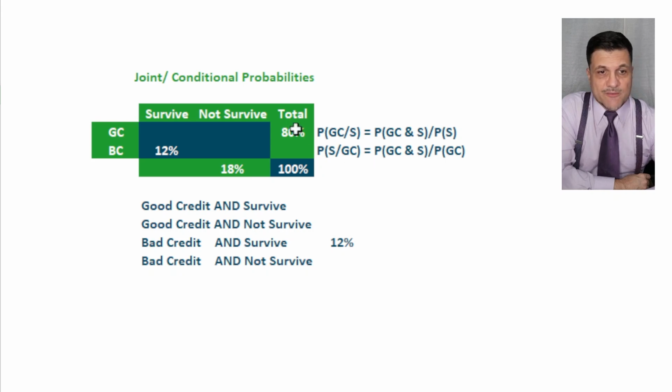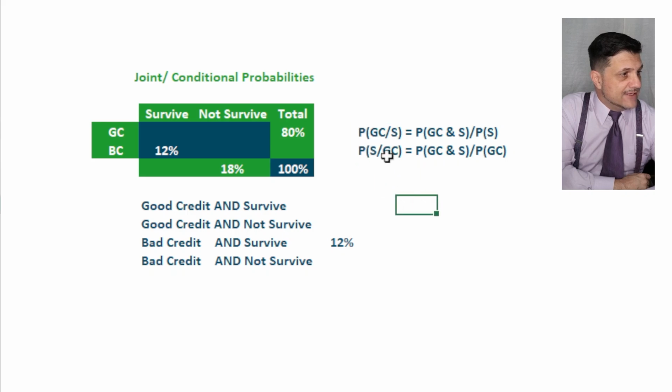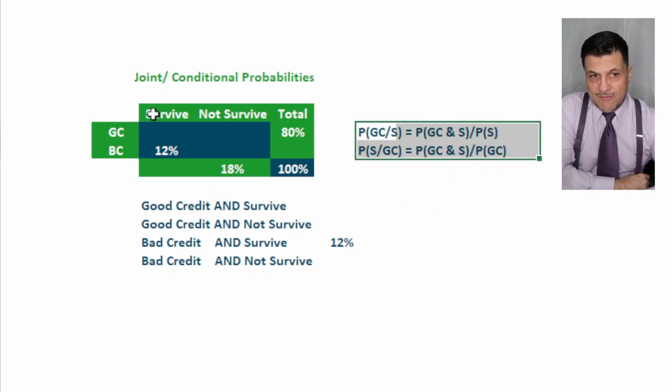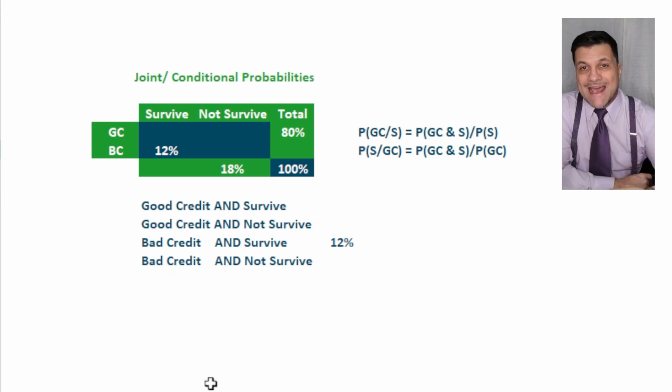So take a look. I prepared a little table for you here, okay? The idea is to find the conditional probabilities. But let's talk about events that they call joint events, events that happen together, or combined, or both. What is the probability of both happening, right?